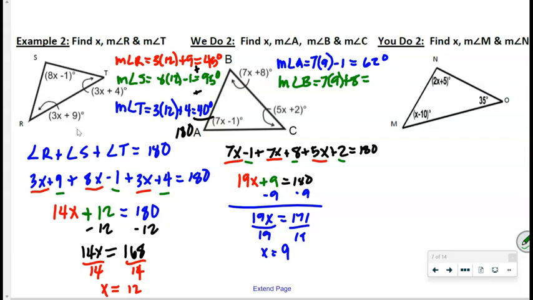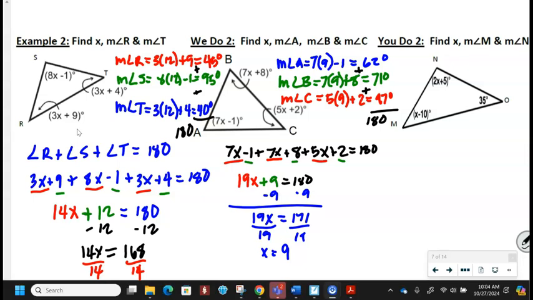So this one is 71 degrees. And then we've got the measure of angle C. So this one's going to be 5 times 9. That's 45 plus 2. That's 47, right? Now once again, remember the way you check. Add all three together, make sure they equal 180, and they do. Okay? All right, you guys go ahead and do this. You do too, and come back to me when you're done.